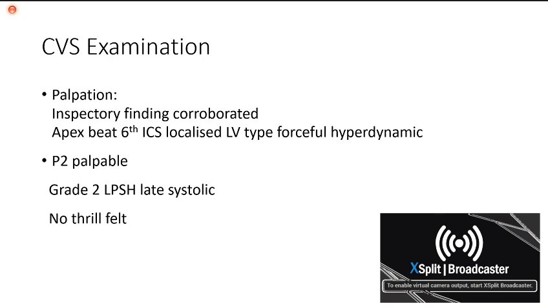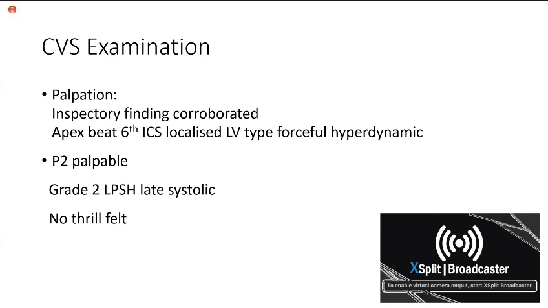Sir, in case of RV pulsation, we will get it along with the apex. The timing will be along with the apex. And second, sir, I don't know, sir. Anybody else?